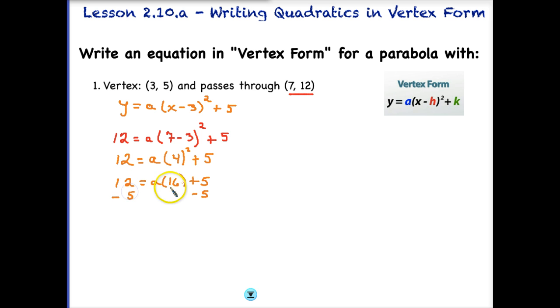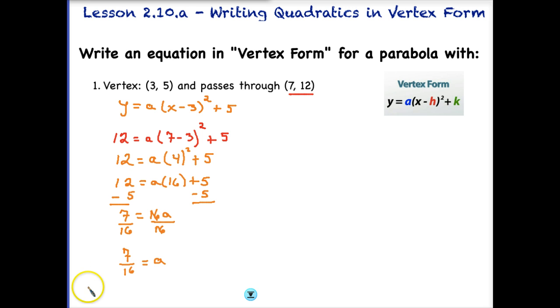Minus 5 because I have nothing left to multiply or divide. 12 minus 5 is 7, and then I'll go ahead and write this as 16a, and this is gone. So here's my equation so far. Now all I need to do is divide both sides by 16, and now I know a. A is going to be 7 over 16.